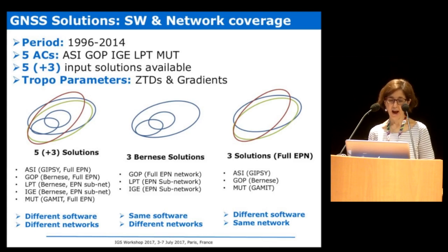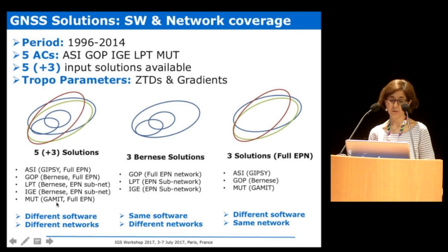In total, we have 5 plus 3 solutions. At ASI, we used GIPSY, and we reprocessed the full EPN network. At GOP, with Bernese, the full EPN network. LPT with Bernese, the full EPN network, and IGE with Bernese, the EPN subnetwork, and MUT with GAMIT with the full EPN network.